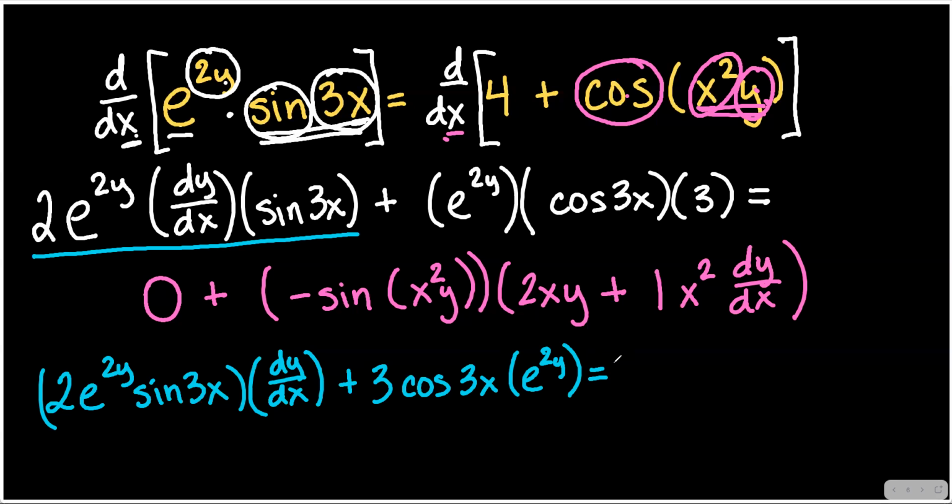And then on this side here, 0 is going to go away. We're going to clean this up a little bit by distributing some things out. So I'm going to multiply this out here. I'm going to put in one more color here.